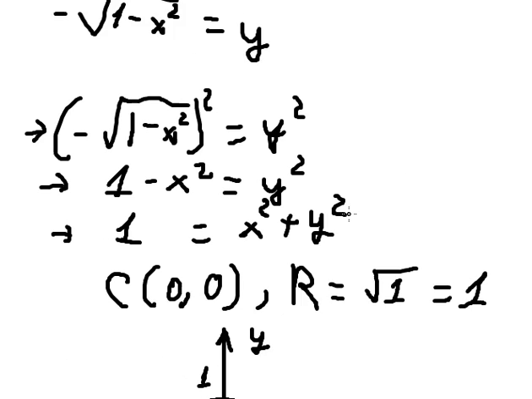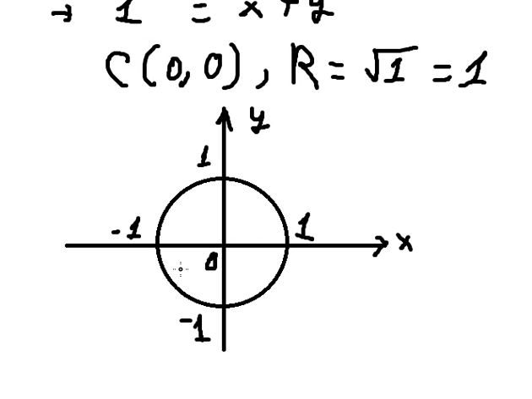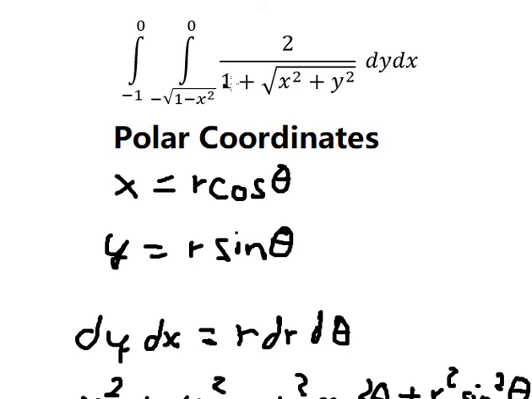So we know that y goes from negative square root of 1 minus x squared to 0. So this is the negative square root, the curve here. Y equals 0, that's it here. So that should be this one. Next, dx here.